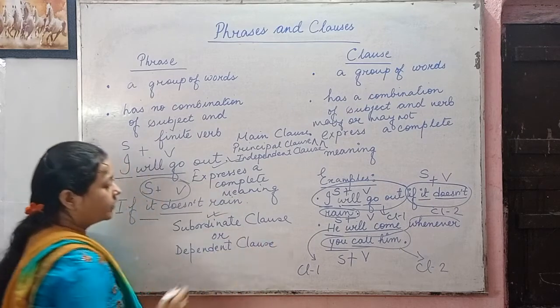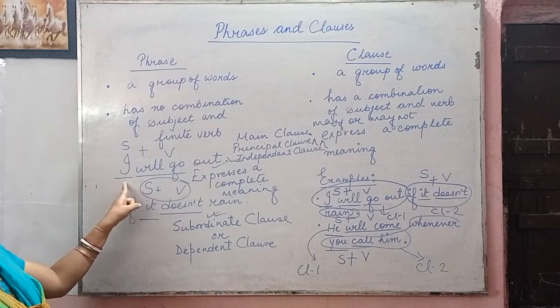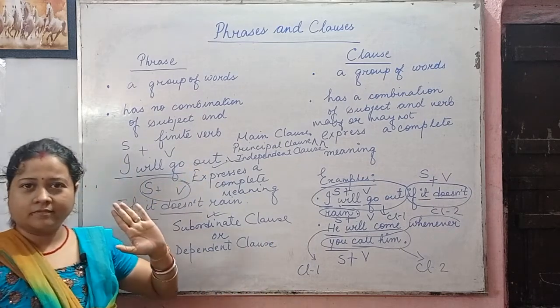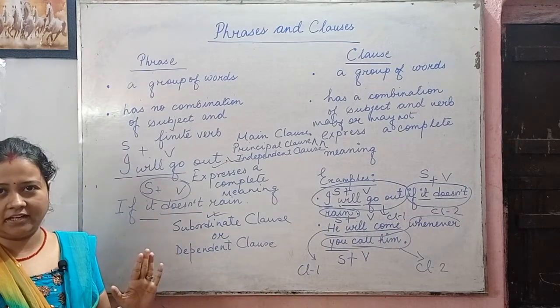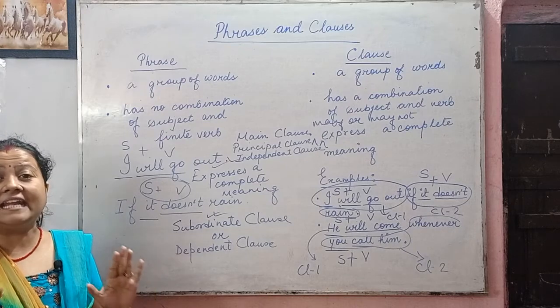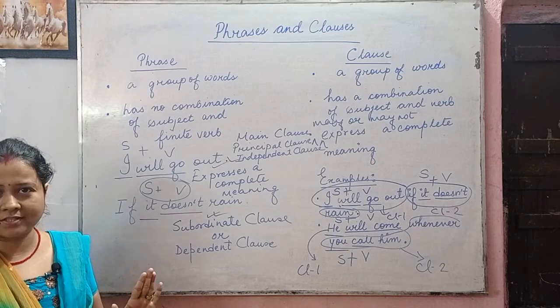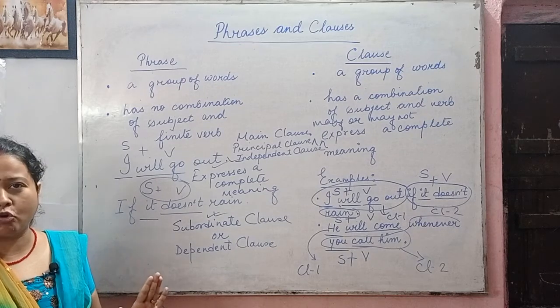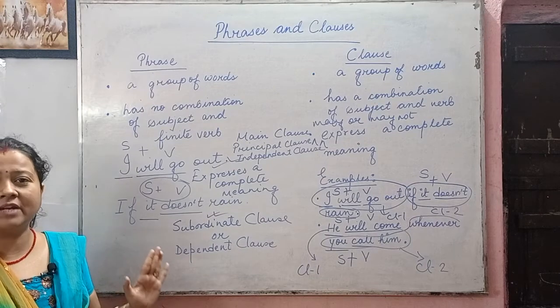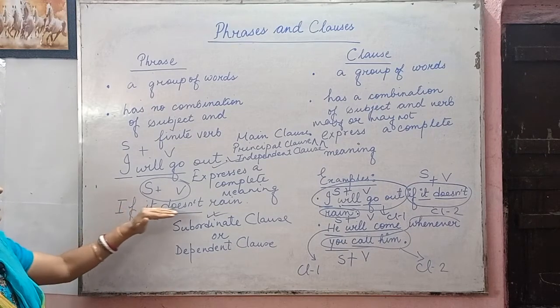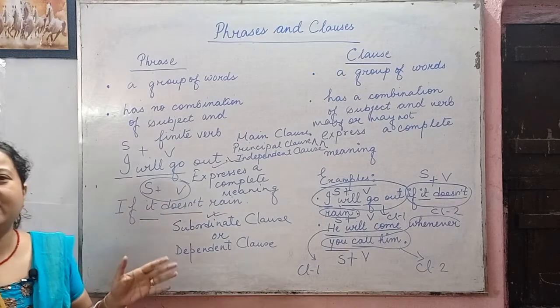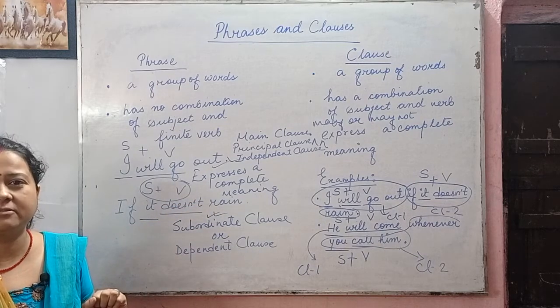Okay children, so see, I will go out. It is expressing a complete meaning. So it is an independent clause or a main clause or a principal clause. But this clause, if it doesn't rain, is not expressing any complete meaning.